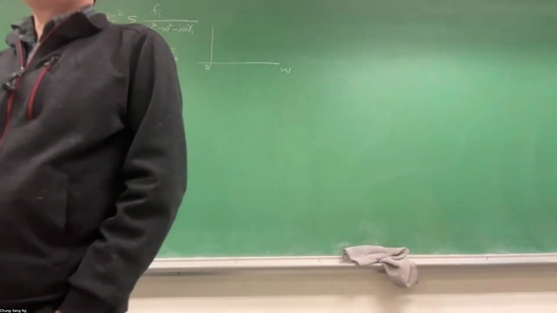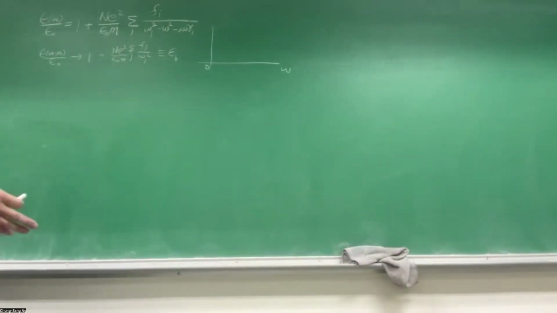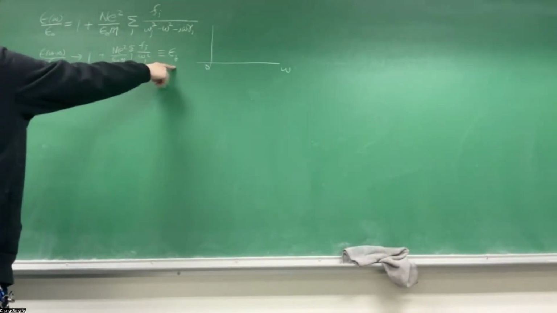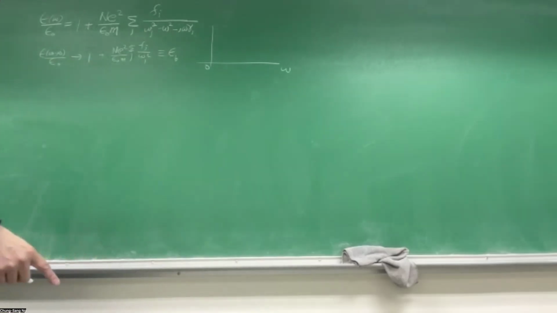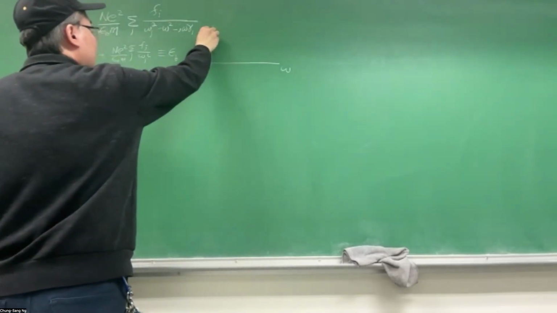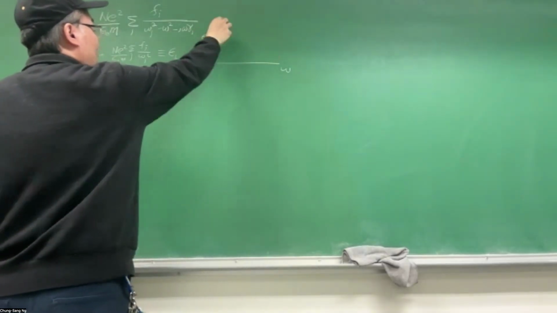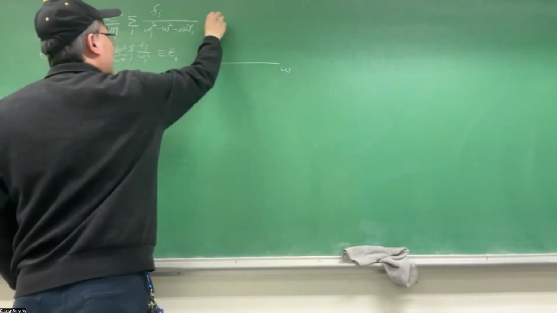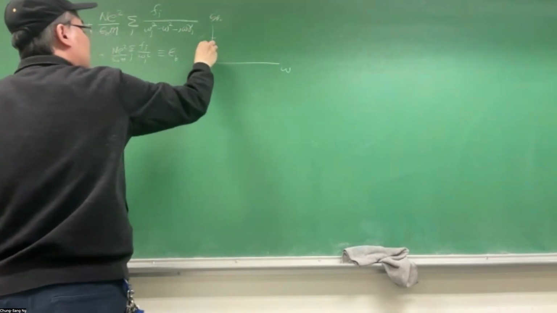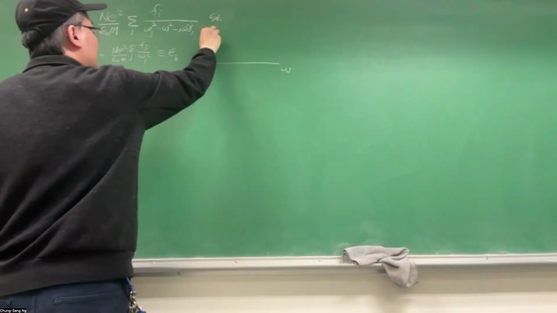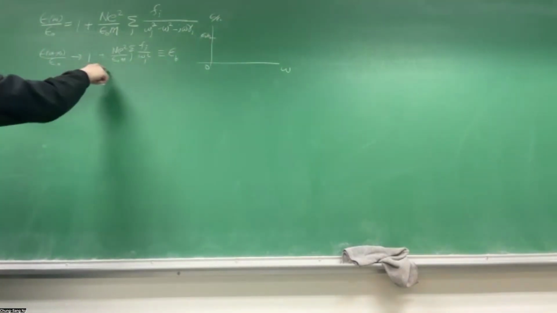So when omega goes to zero, there's no time dependence, so everything becomes electrostatic. This is the familiar object that we learned from chapter 4, the dielectric constant for electrostatics. So you have epsilon_b, or if you like, epsilon_b over epsilon_0.